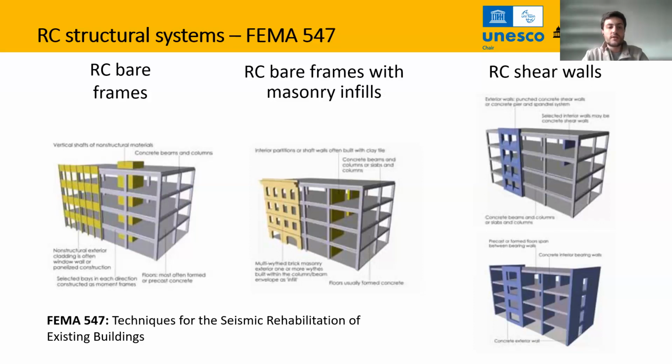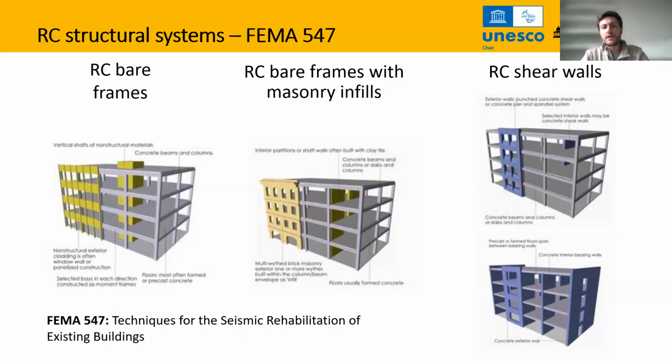This happens when the partitions and the facades are well isolated from the structure, so therefore will not impact the deformation of the structural elements, or when they are made of some light material that has a very low stiffness, so therefore will not generate any impact in the behavior of the structure.